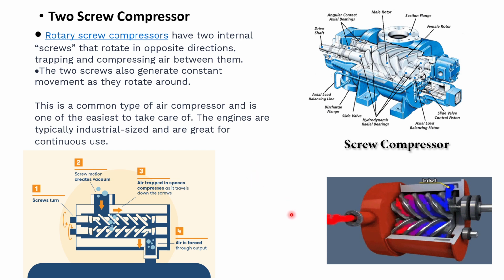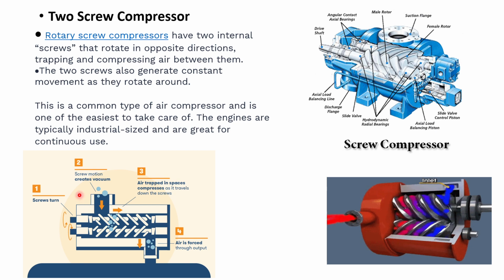If we see on the right hand bottom, we can see a video where two screws are rotating in opposite directions. The gas is coming in from the right hand side, it is pushed, and it comes out from the left hand side. Here there are two screws.